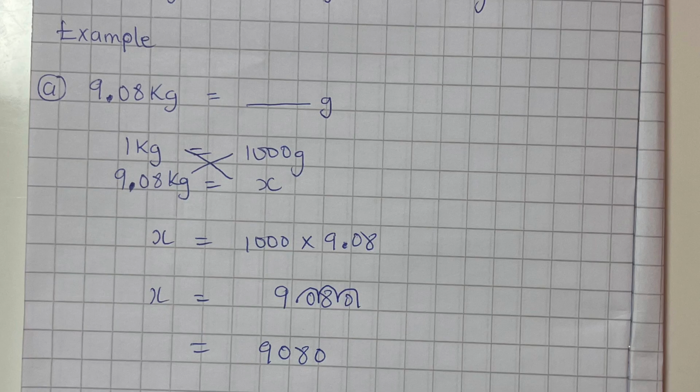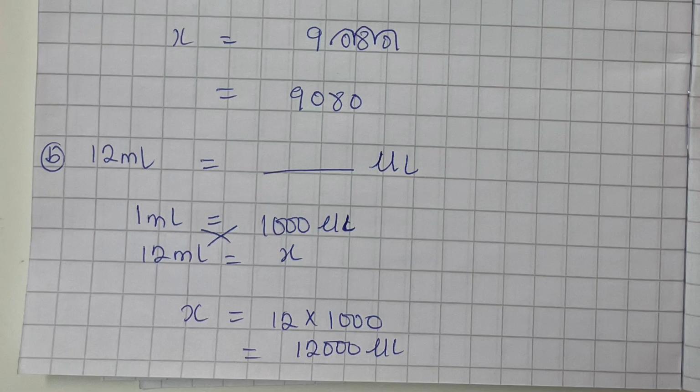Sorry, grams. Yes, to the next question, we are converting 12 milliliters to microliters. So 1 milliliter equals 1,000 microliters, and 12 milliliters is basically 12 times 1,000, giving us 12,000 microliters. As simple as that, I know.